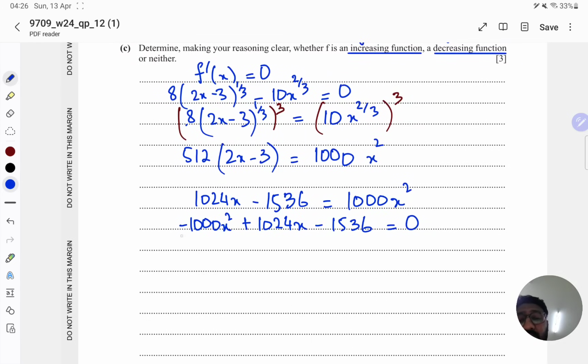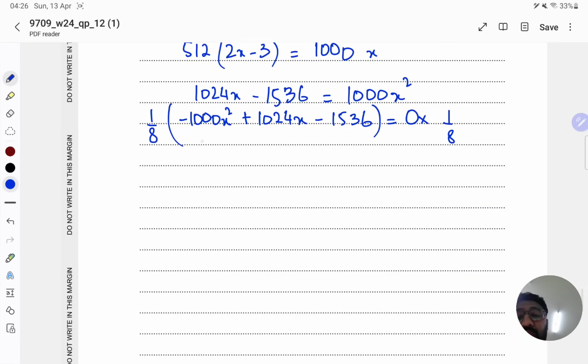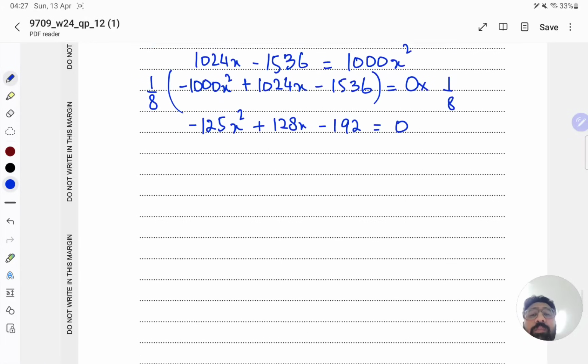If I multiply both sides by 1 by 8, it will be minus 125x square plus 1024 divided by 8, which is 128x, minus 1536 divided by 8, which is 192, and it will be equal to 0.